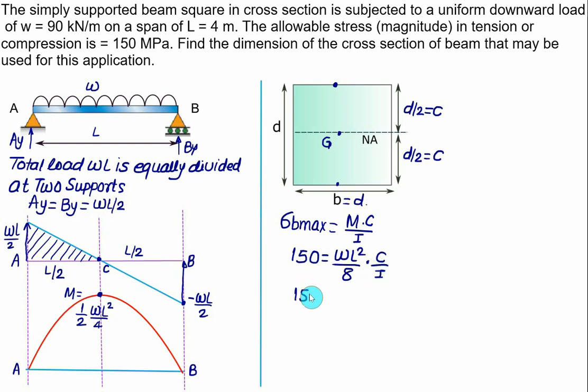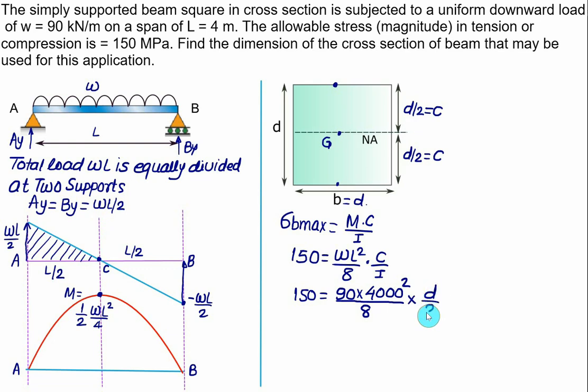So we have 150. UDL value W is 90 Newton per mm. So we have 90. Span length L is given as 4, that is 4000, and we have to square it, divided by 8, multiplied by C. C is the same as D by 2.